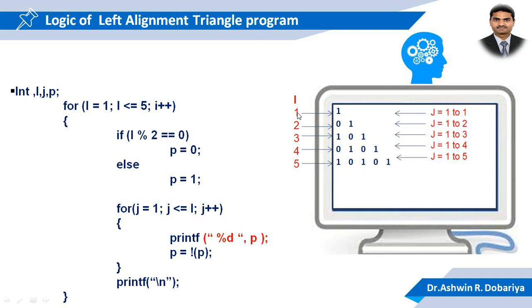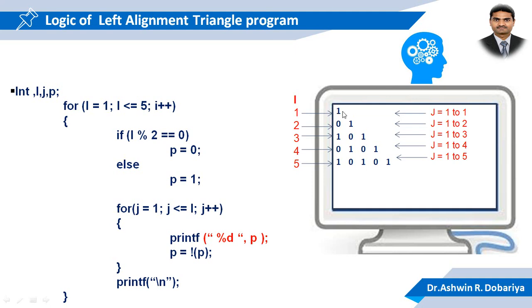So we can say that odd line numbers, odd means 1, 3 and 5, start from 1, and even lines start from 0, and the next digit is the reverse digit. Reverse means if the starting digit is 0, then next is 1, and if starting is 1, then next is 0.